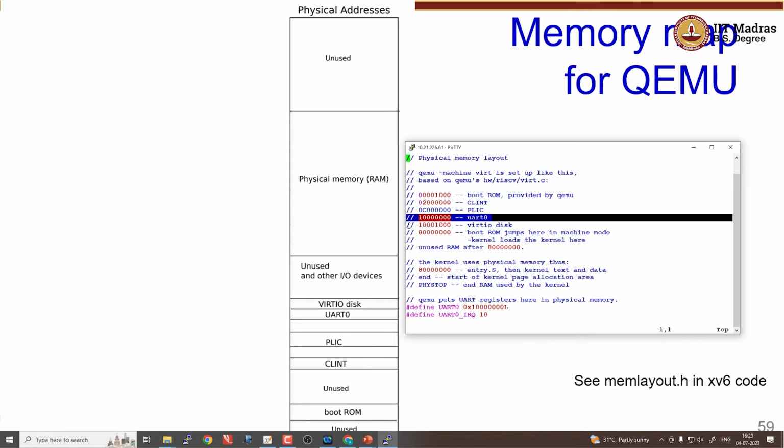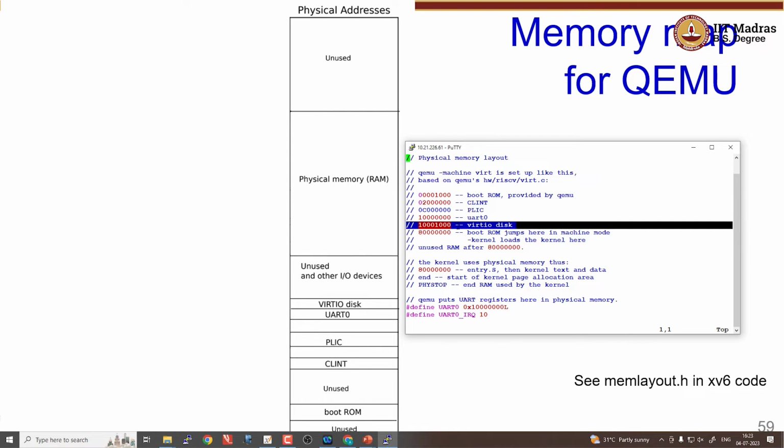At the location 0x1000 100 you have the virt IO disk. This is a virtual IO disk, which mimics the hard disk and is present at some location.